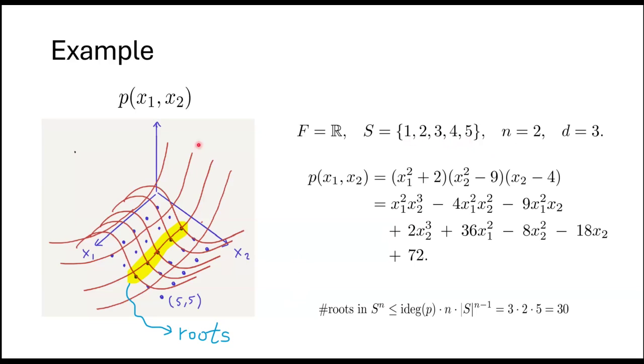Of course, n is the number of variables, it's 2, and d, the individual degree of the polynomial that I've written here, is going to be 3. Now let's look at this graph.